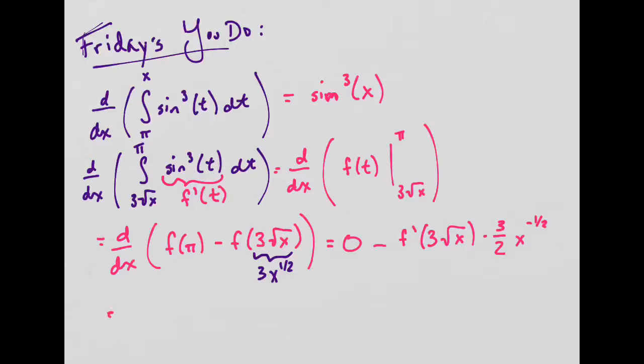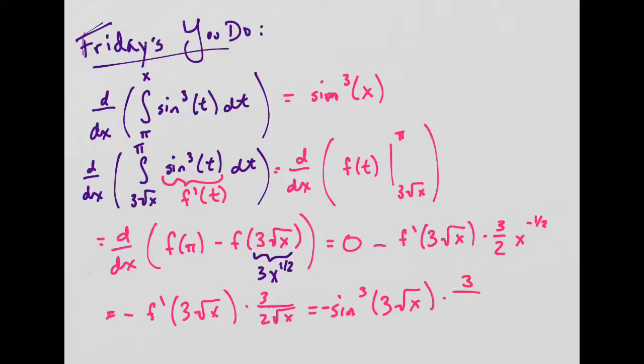This cleans up to be minus f prime of 3 root x, all times 3/2, and x to the negative 1/2 is root x under the division symbol. And our f prime, remember, is sine cubed. So it's minus sine cubed of 3 root x times 3 over 2 root x. It's a little bit more involved than the previous one.